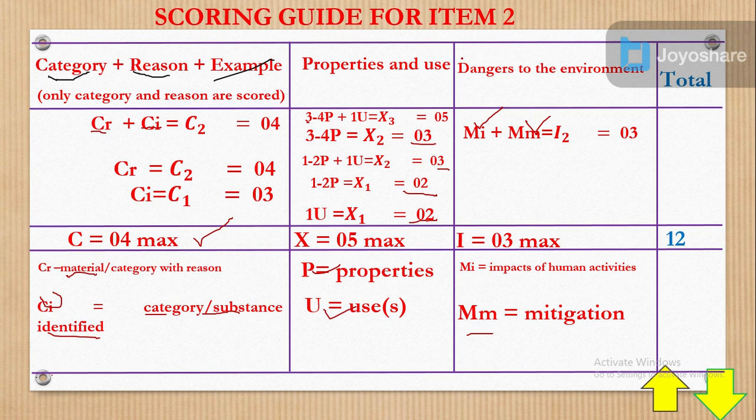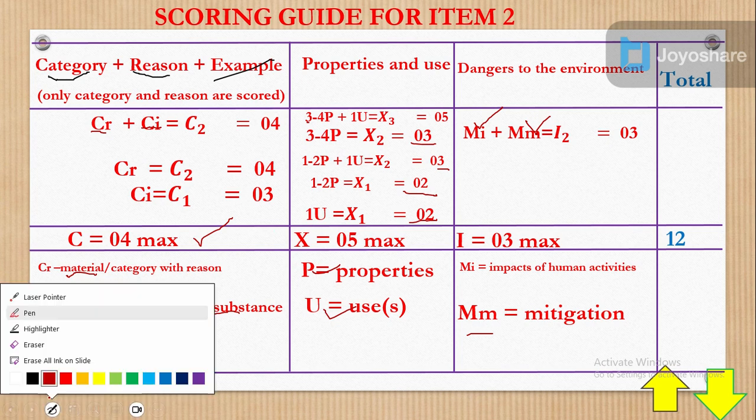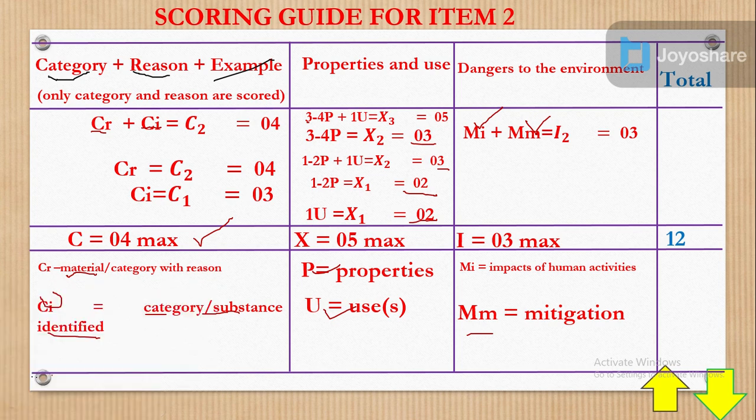In the picture, among the natural materials in real life, we have rocks, sand, wood, and water. Now that's what I mean, a category with an example or reason. So in this area here, I'm giving a category with reason or example, or identifying the category.